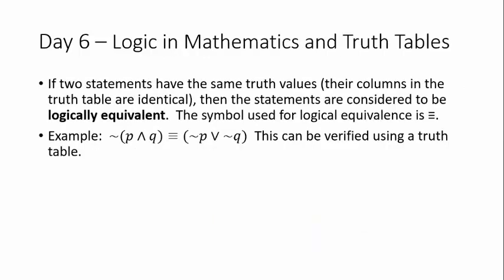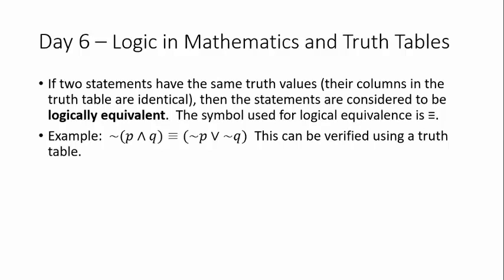If two statements have the same truth values, then the statements are considered to be logically equivalent. We'll know this because their columns in the table are identical. The symbol that's used for logical equivalence is 3 bars. So an equal sign with an extra bar at the top. An example of its use is shown here.